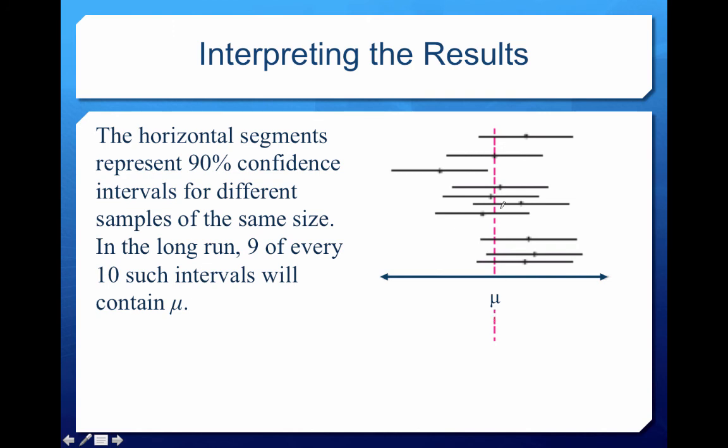That's our population mean. And each of these is a 90% confidence interval for some sample size n. Each of these black lines is a confidence interval of 90%. What this is saying is that in the long run, 9 of every 10 such intervals will contain mu.